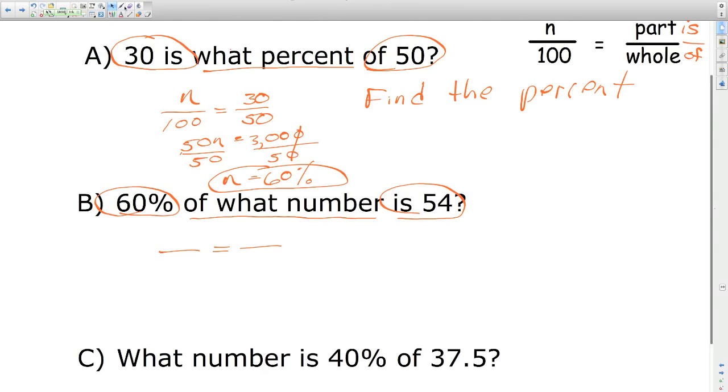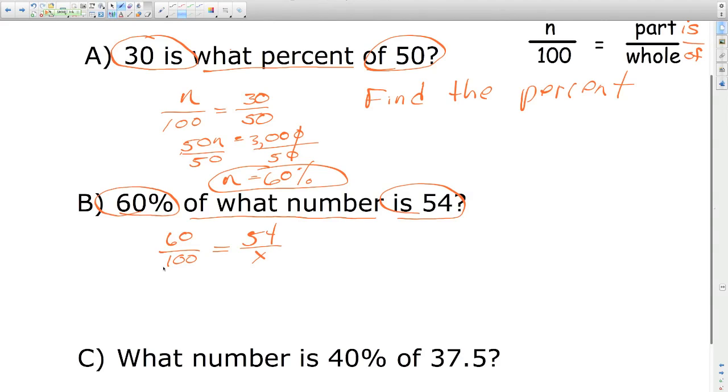That should be easy to identify, 60, so that'd be 60 over 100. Another way to write 60% is equal to 54, because is 54, and we're asked to find of what number? x. So now we solve that proportion.